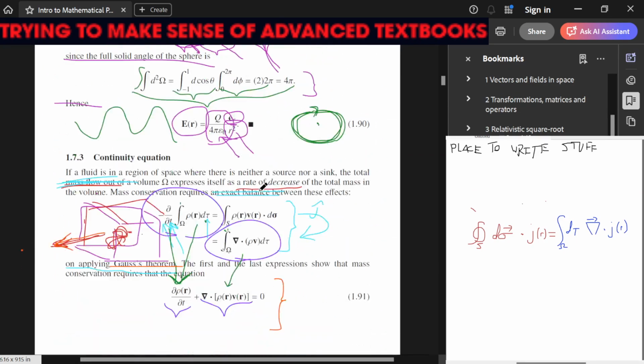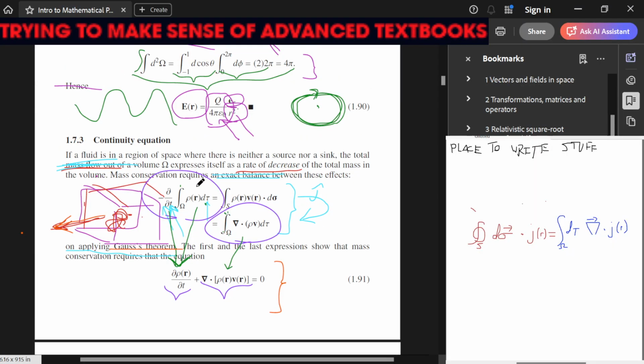Where was I? Alright, yeah. Total mass out of volume. Rate of decrease of the total mass in the volume. Okay, so this is allegedly the total mass.